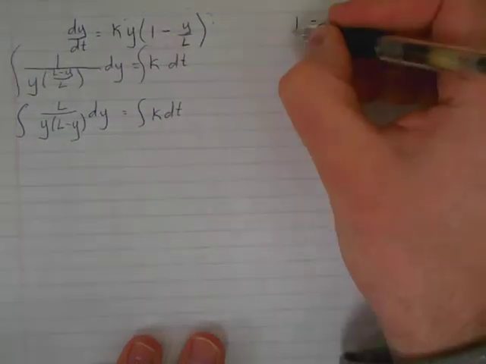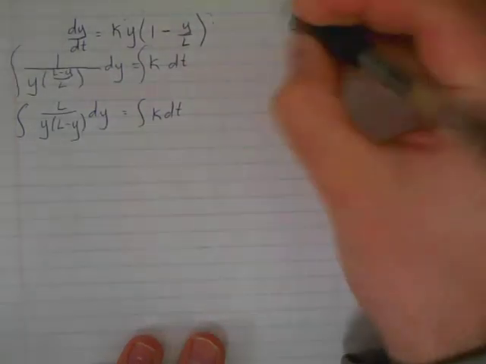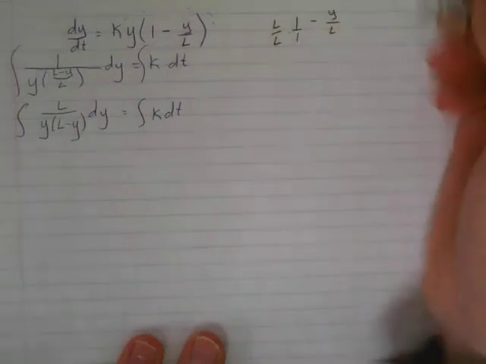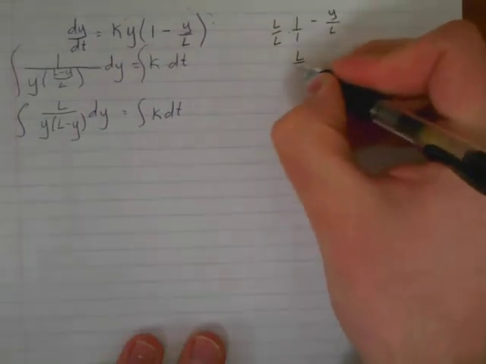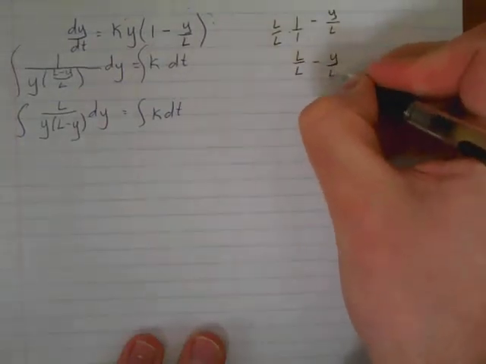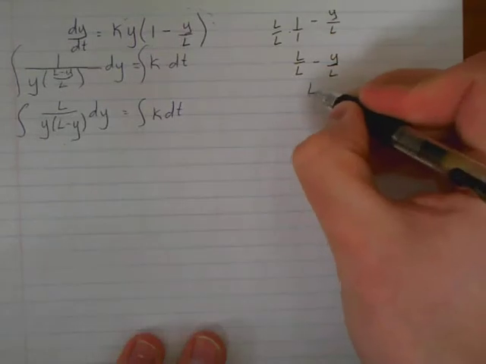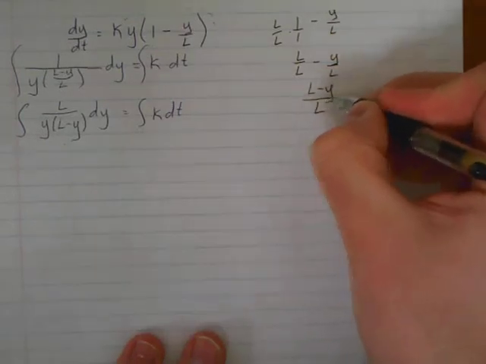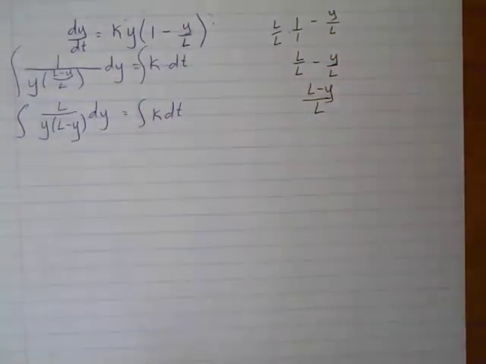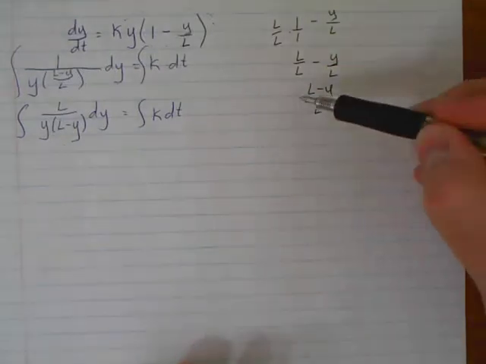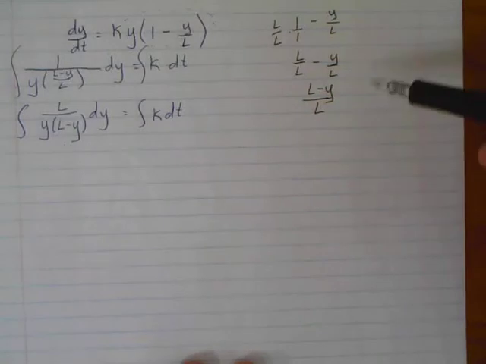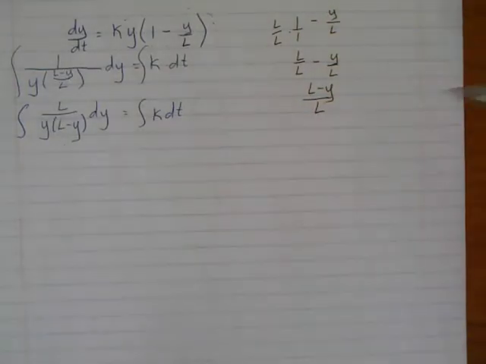I thought of this as 1 over 1, and I multiplied it by L over L, so that I got L over L minus y over L. And I brought them together, so it's (L minus y) over L. Finding a common denominator, you guys are very good at that. But the idea is, can you go backwards? Can you split it up into two separate fractions? And sure enough, this one's very easy. You could just do L divided by L and negative y divided by L, and get back to the original one.